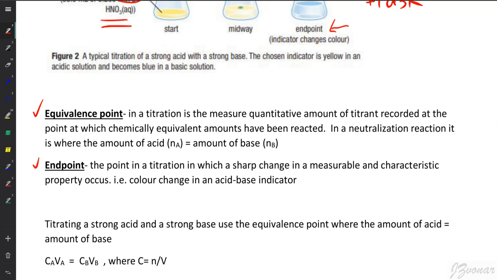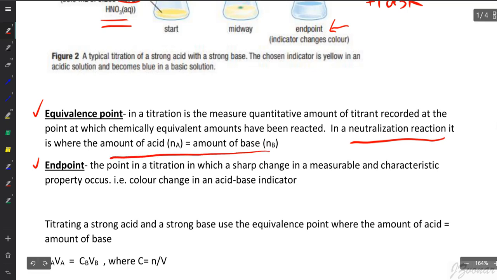This is a neutralization reaction, and therefore the amount of moles of acid will equal the amount of moles of base. At this point, we've reached the equivalence point.